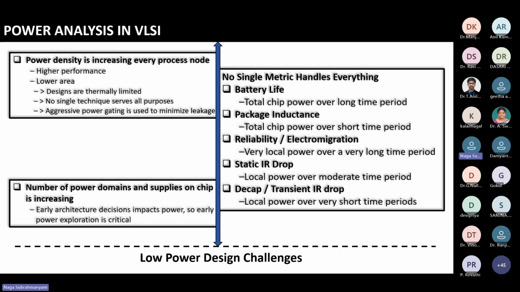And as I told previously, there is no single metric which can handle all these challenges like battery life, package inductance, reliability, electromigration, static IR drop, decap or transient IR drop. I think most of you know about electromigration.